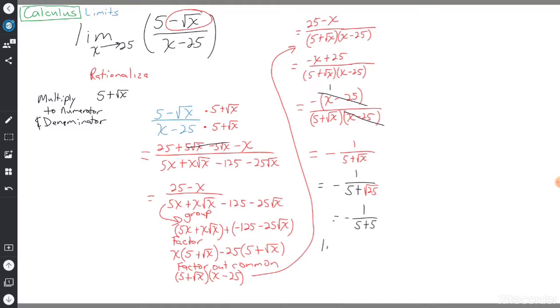That tells us the limit as x approaches 25 is negative 1 over 10.